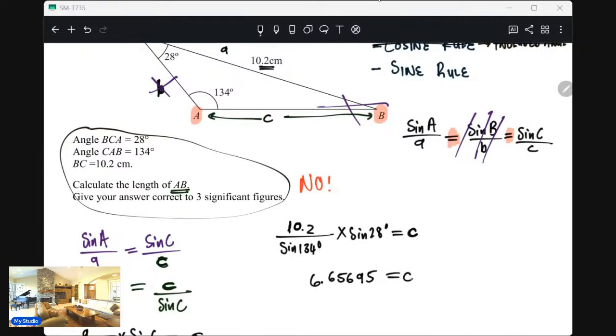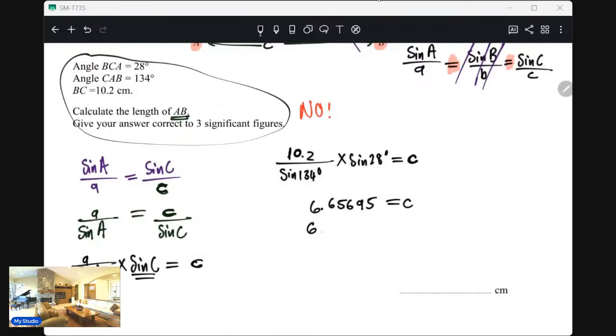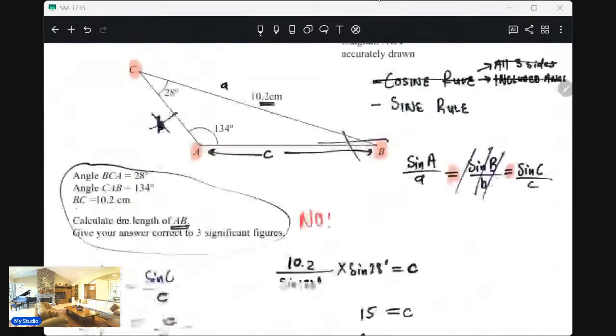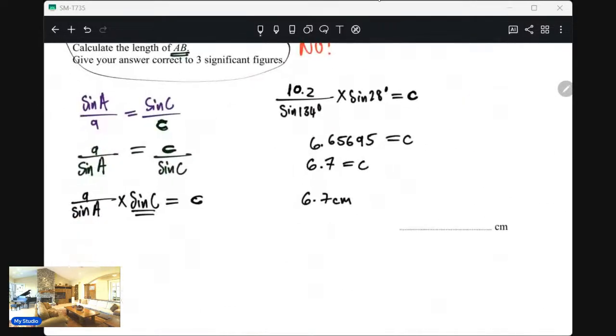This is our c, which means 6.7 is our c. So you can now say 6.7 centimeters. What is the c? It is AB. Are we together? That's what AB is. So you write here 6.7 centimeters.